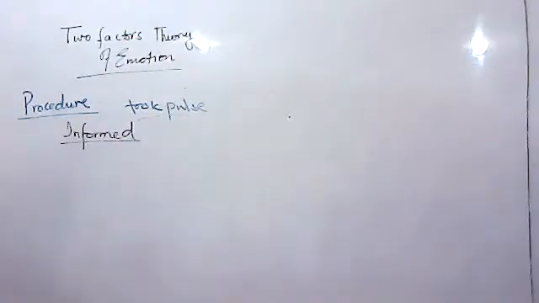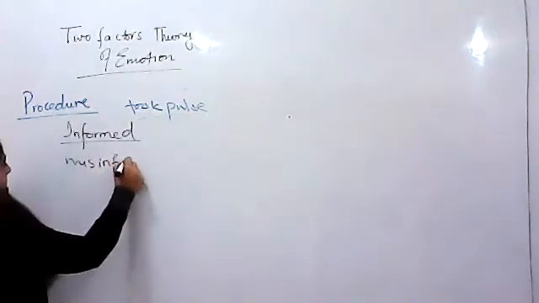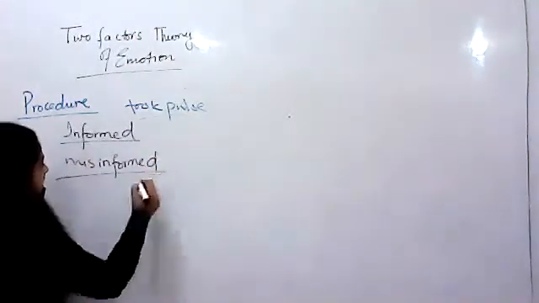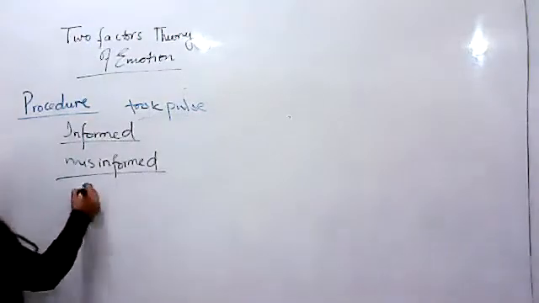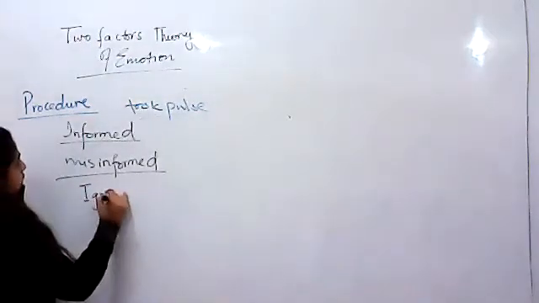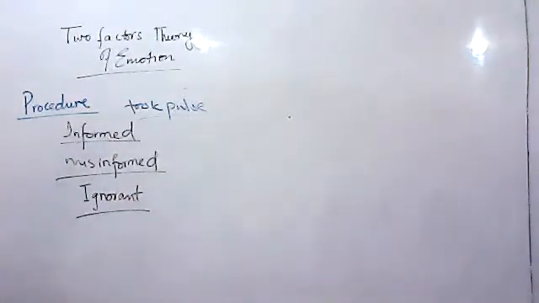Then the second was the misinformed ones. What are those? Those were the participants who were misinformed about the side effects of the injection. And the third one were the ignorant. Fine. What happened, as we discussed yesterday as well, is that they were not administered the actual injection.